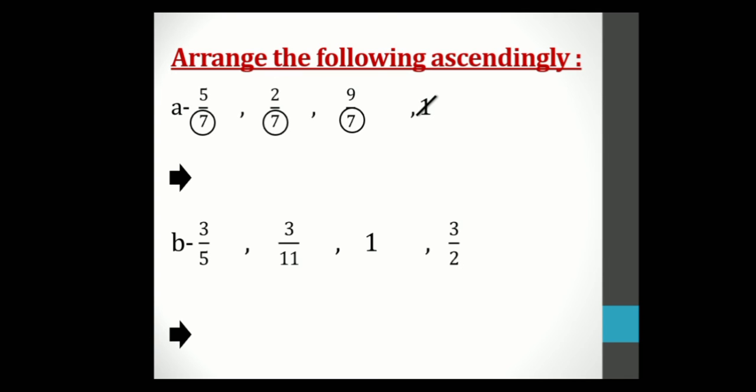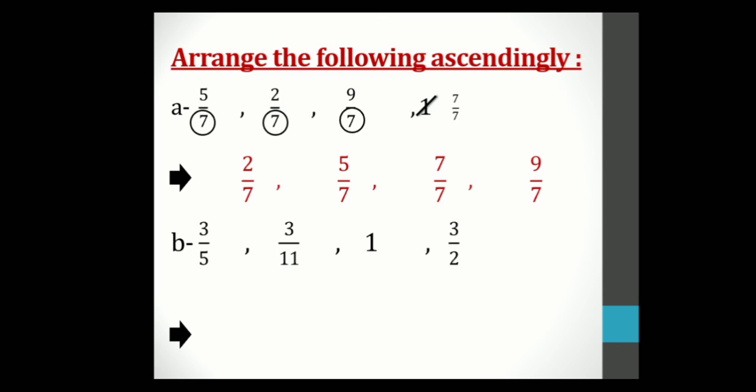So I can write here 1 as 7 over 7. Now I have the same denominators in all fractions. So I arrange them from the smallest numerator. Which is the smallest? Yes, it's 2 over 7. And then 5 over 7. And 7 over 7. And the last one will be 9 over 7.